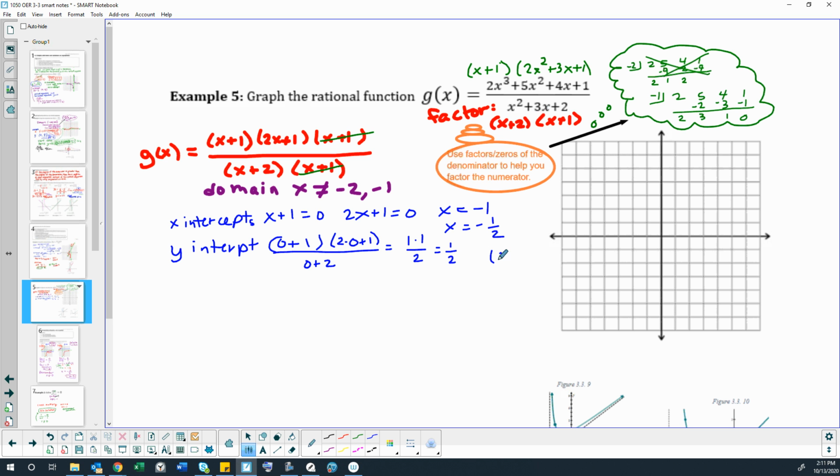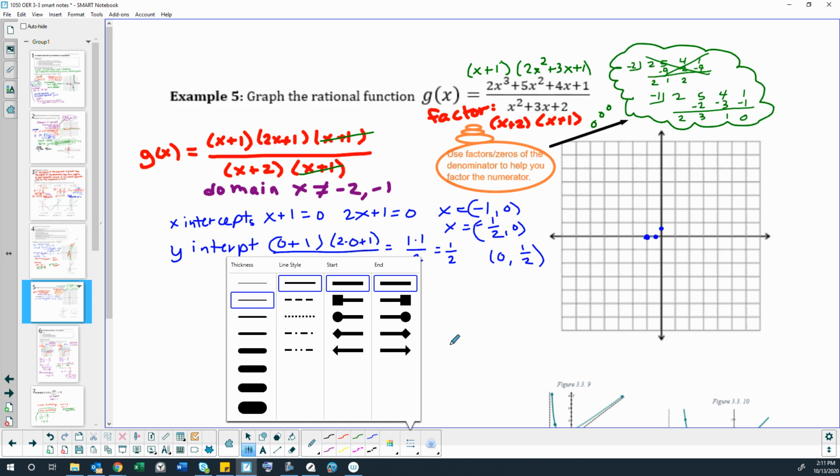So y-intercept at (0, 1/2), x-intercepts at (-1/2, 0) and (-1, 0). Okay, let's graph those. (-1, 0), (-1/2, 0), (0, 1/2).